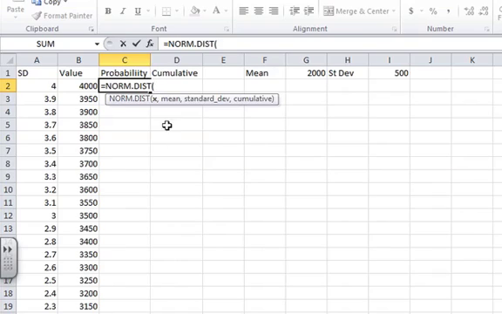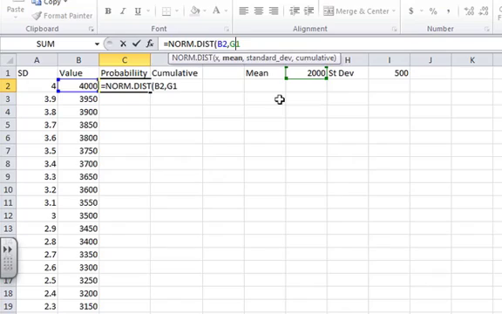And we've got to put in our value, which is in cell B2, our mean, which is in cell G1, and I want to use a global reference there. And our standard deviation, which is in I1.